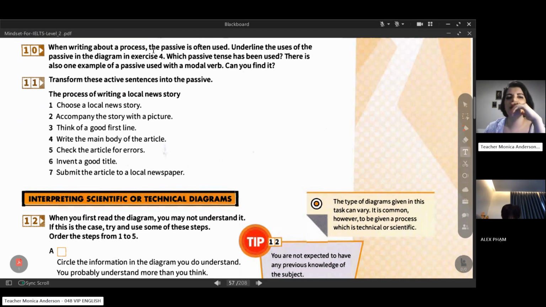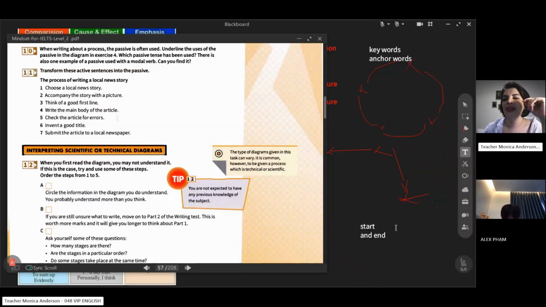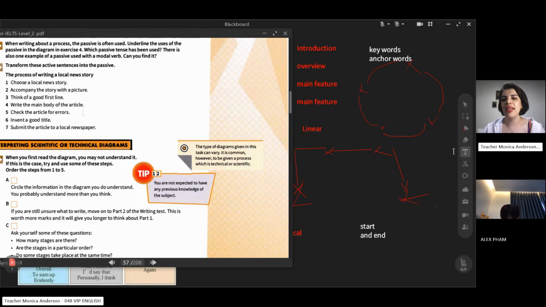Writing about a process, and what tense? Let me say something that is really important. Passive is a really important structure that is used for writing about charts and diagrams, not only processes, every chart or diagram.